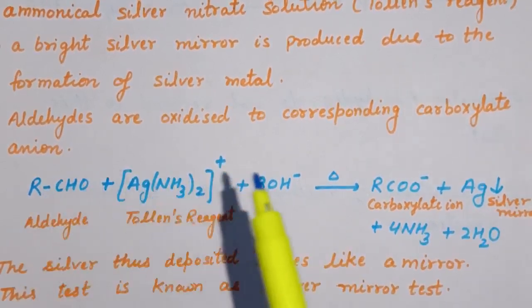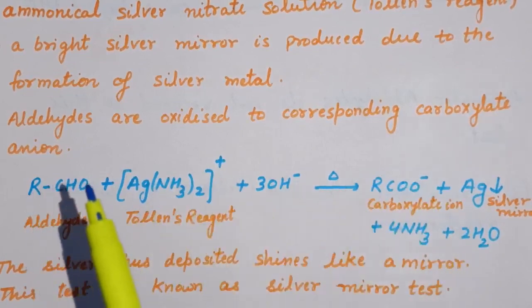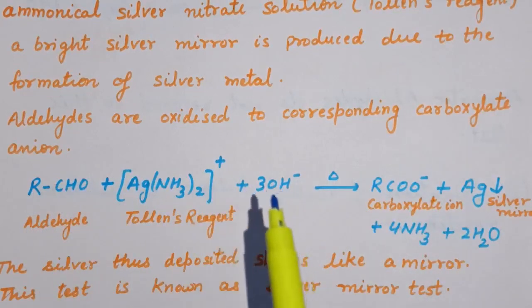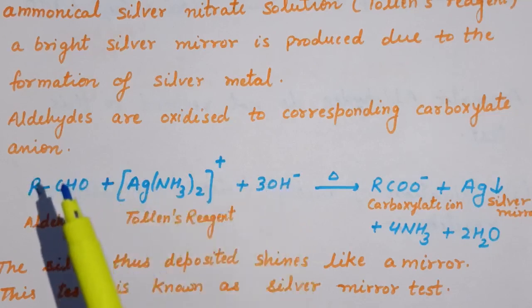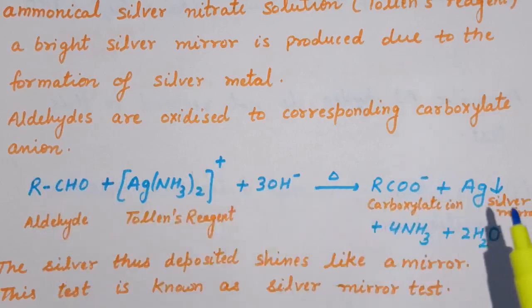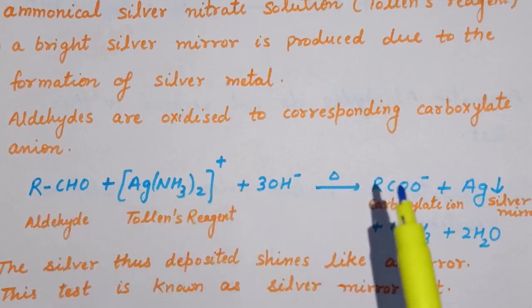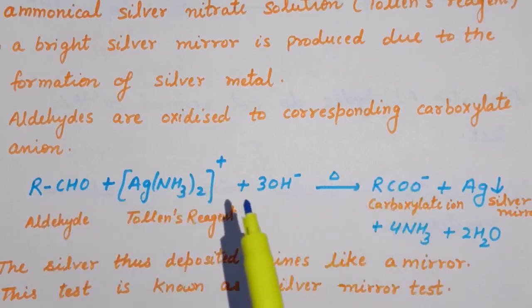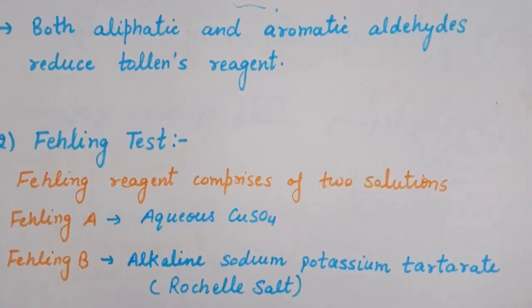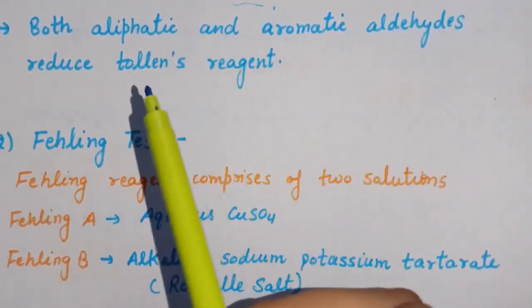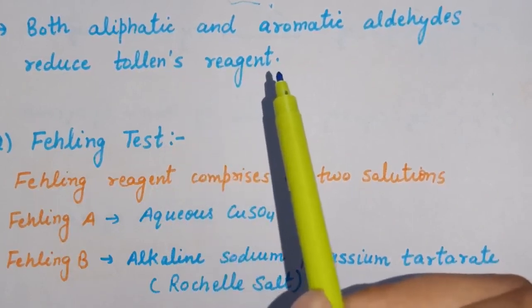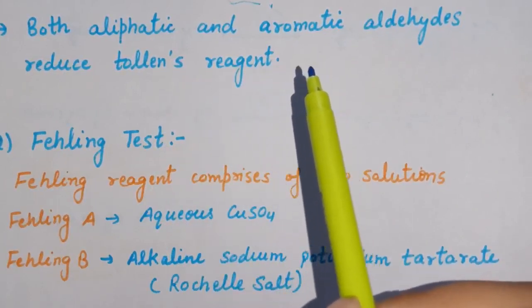So all aldehydes, aliphatic and aromatic, respond to this test, but ketones do not give Tollens test.